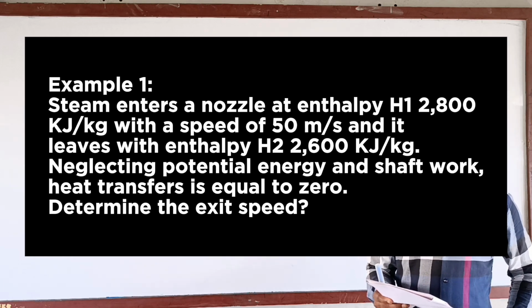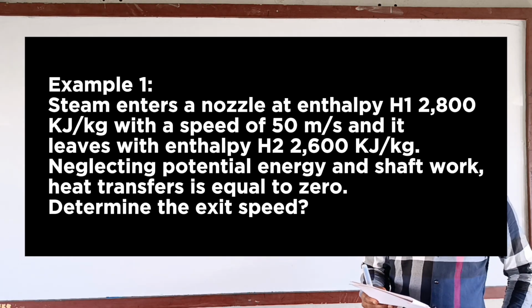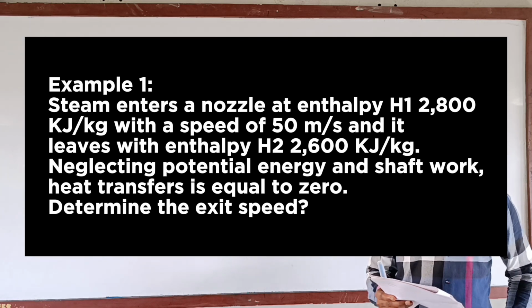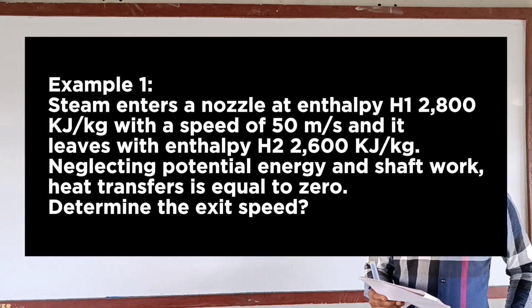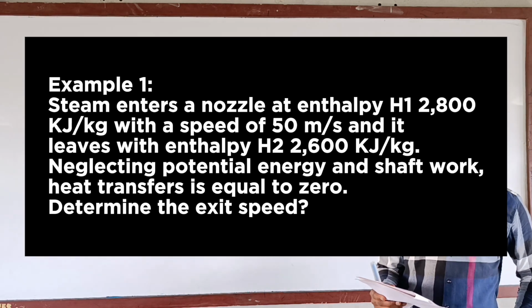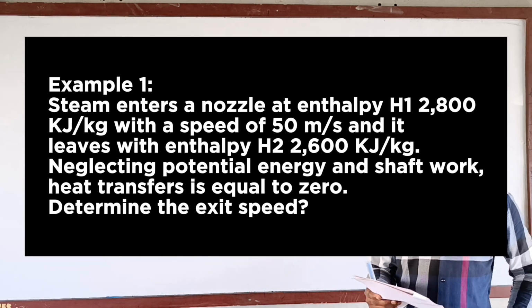It leaves with enthalpy H2 equals 2,600 kilojoules per kilogram. Neglect potential energy and shaft work. Heat transfer Q equals 0. Determine the exit speed V2.